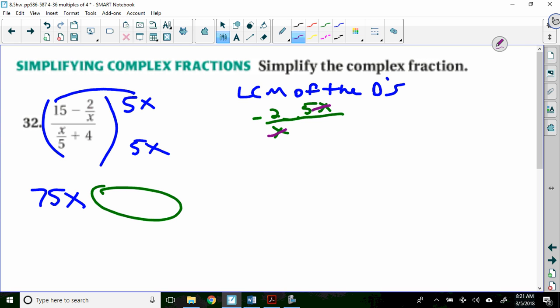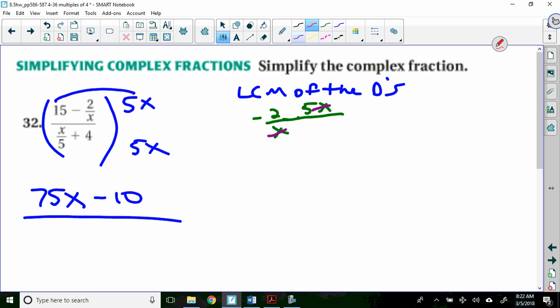So what's left? Minus 2 times 5. What's that? That's going to be minus 10. So that takes care of the numerator. And the cool thing is this little trick gets rid of all the fractions in both the numerator and the denominator, which we still have a fraction overall, but we get rid of the fractions in the numerator and denominator.